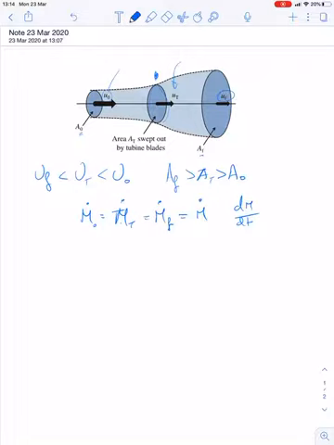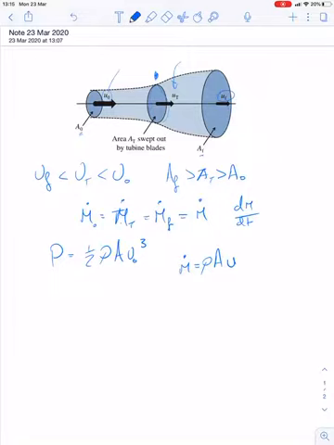The previous equation we saw for the overall flow of fluid was that the power delivered was a half times the density of the fluid, the area through which it flows, and u0 cubed. And our continuity equation told us that m dot was equal to the density, the area, and the velocity.